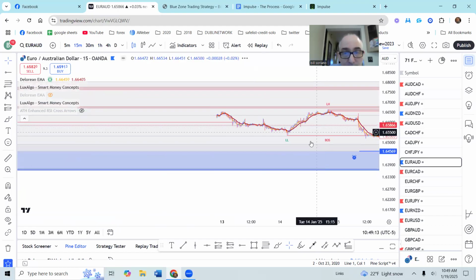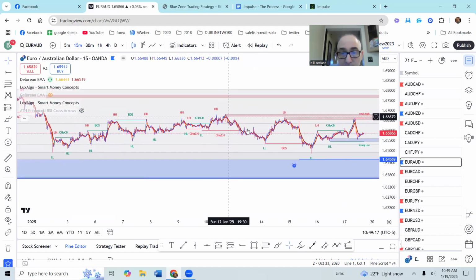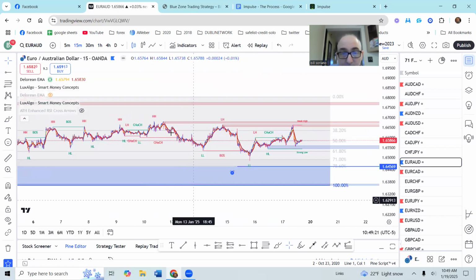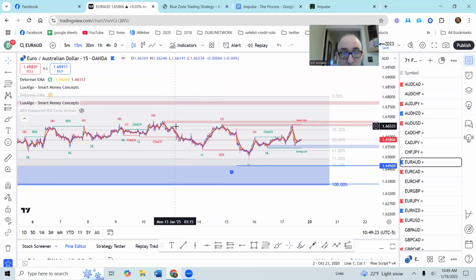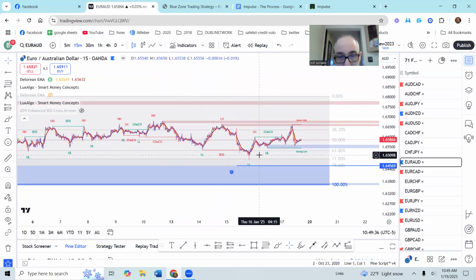Let's just go a little further back here just to show you. When price moved from here to here, it created this order block here. And you can see how price pulls back to what would be a blue zone there, right? If we drew a fib from here to here inside of the lower time frame, we can see price would hit that blue zone there, and then it makes a move down. Okay.